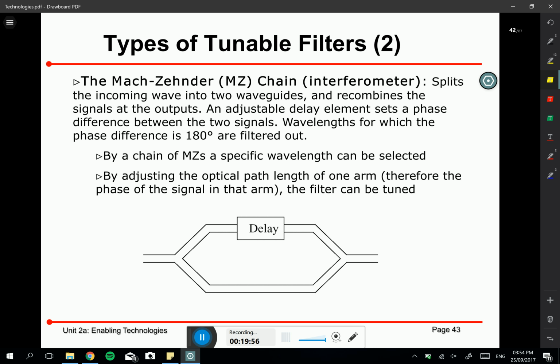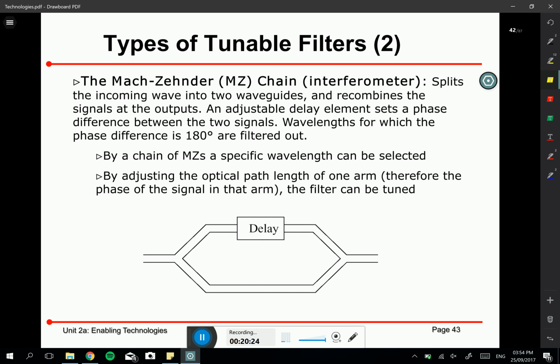And then decide what is the additional delay of this. They say this is the upper arm. There are two arms in an interferometer. The upper arm has an additional delay such that the signal on a certain wavelength that goes through this arm has a 180-degree delay in the phase.